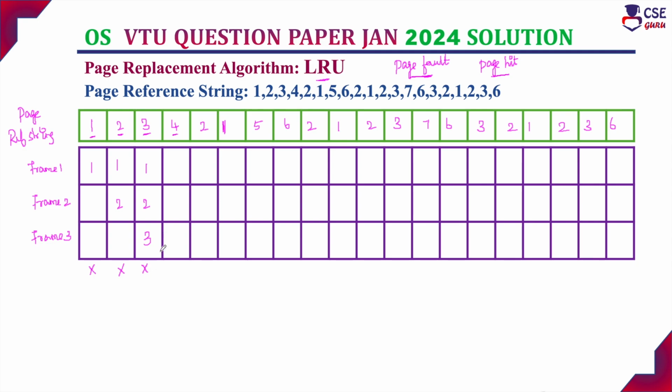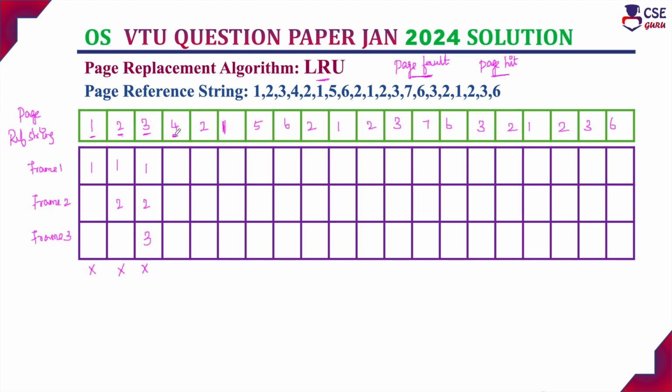To which frame do you need to swap in? You have to select one frame as a victim frame. From that frame, you need to swap out the particular page and then swap in this page 4. Here, least recently used: this is the current reference string. 3 is recently used. Next recently used is 2. And then least recently used is 1.